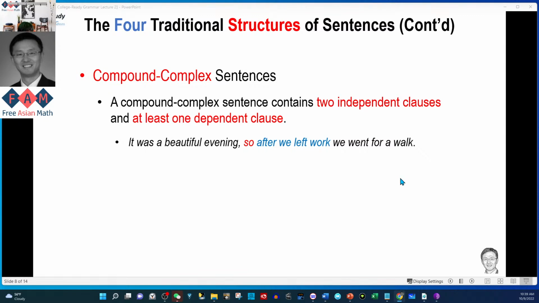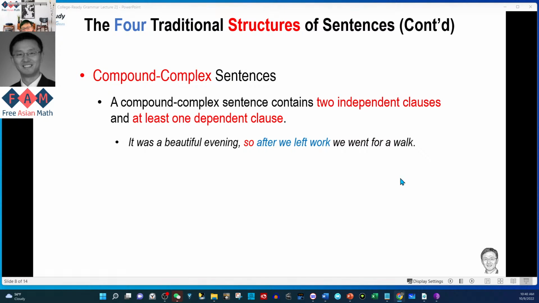It's attached to the second independent clause, we went for a walk, through this "after" conjunction. And then one simple independent clause and one complex sentence are connected through this comma-so structure. Okay, so this is a compound complex sentence.